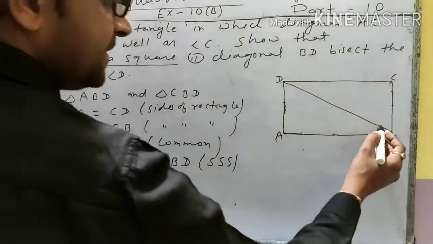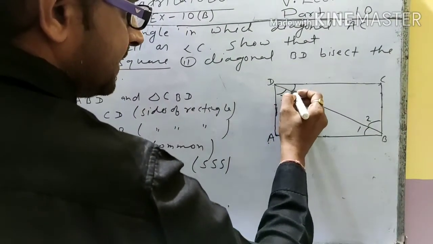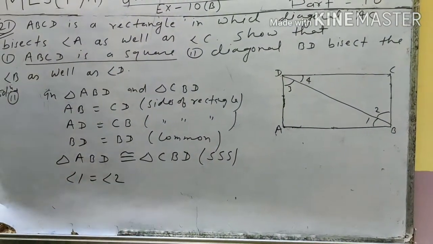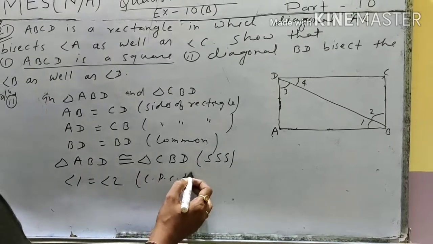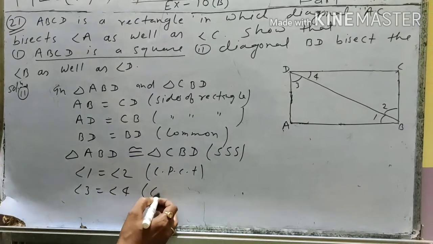Okay. By CPCT student, here suppose angle 1, angle 2, this is angle 3 and this one is angle 4. So angle 1 is equal to angle 2 by CPCT, and angle 3 is equal to angle 4 by CPCT.